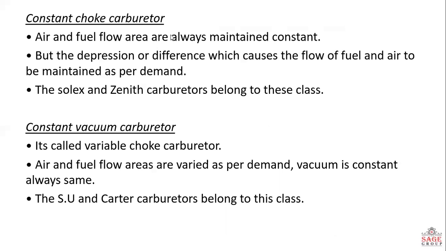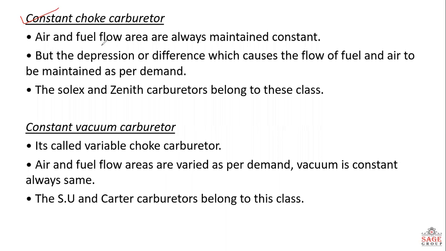like the constant choke carburetor. In the constant choke carburetor, the air and fuel flow cross sections are always maintained constant, but the pressure difference, or the carburation depression, which causes the flow of fuel and air, is maintained as per the demand.